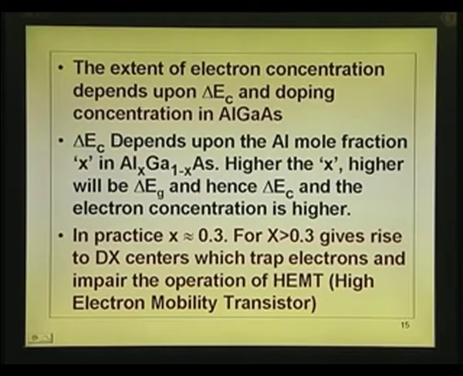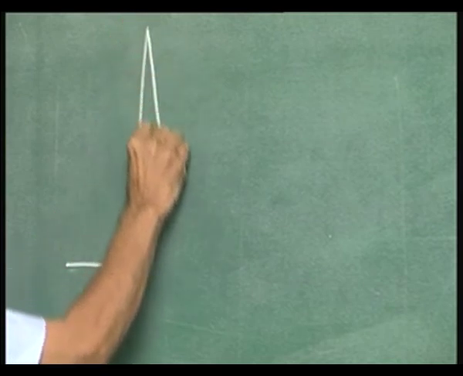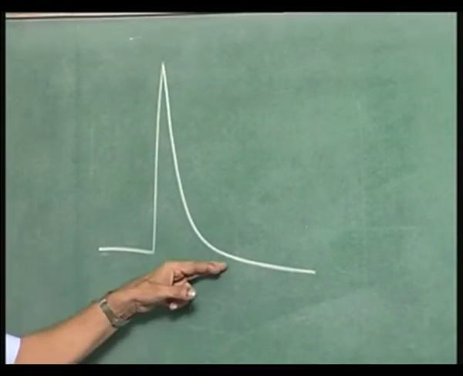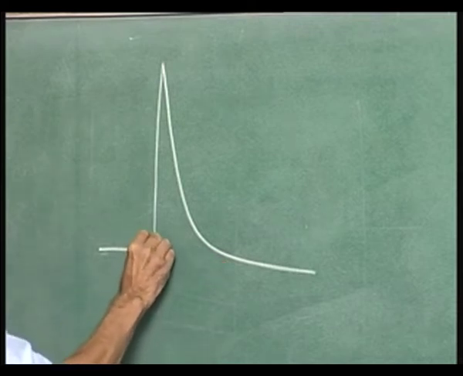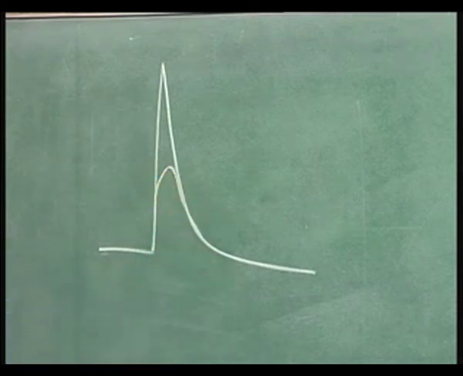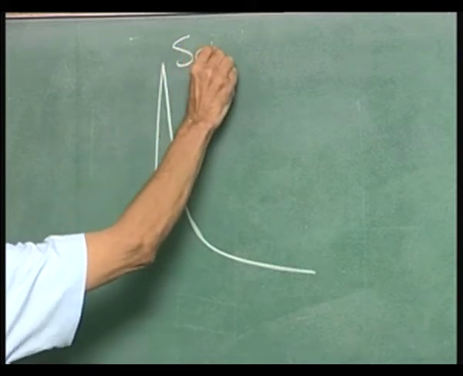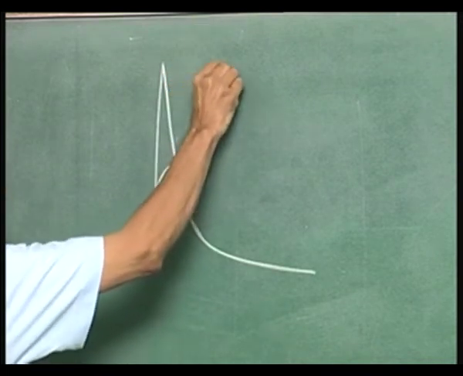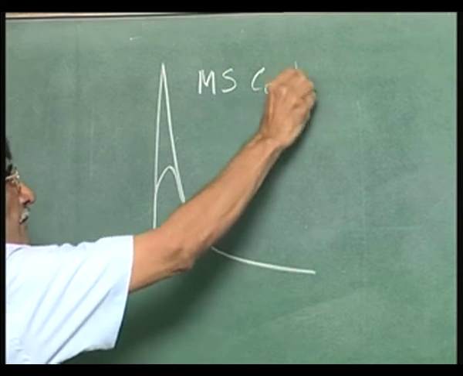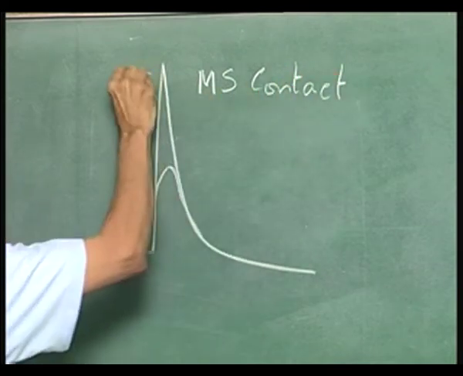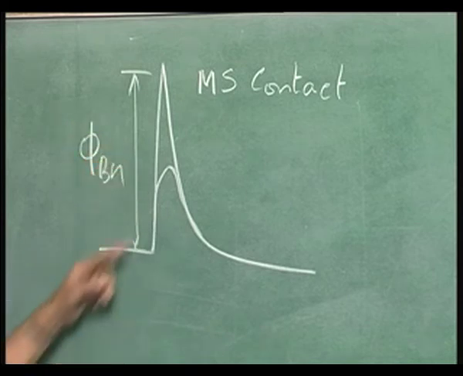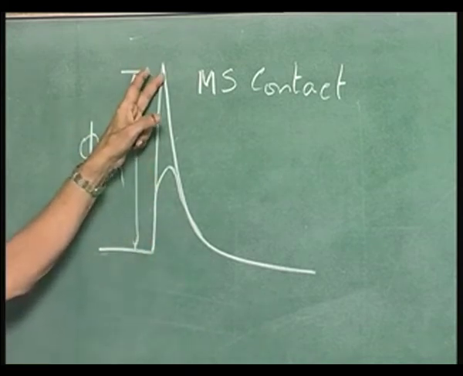See, you have a high barrier height like that. You dope it heavily, then the whole thing comes down like that. Lightly doped, heavily doped, this is Schottky barrier. I am sorry, MS contact, metal semiconductor contact. If you do not make it heavily doped, you will get high.